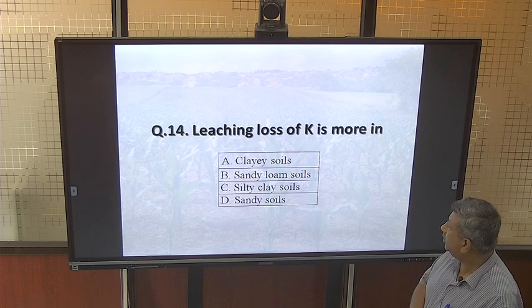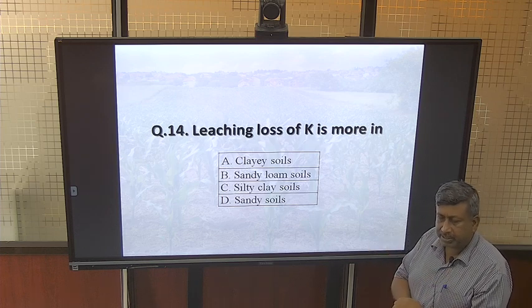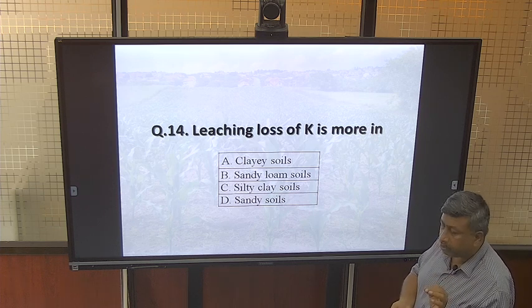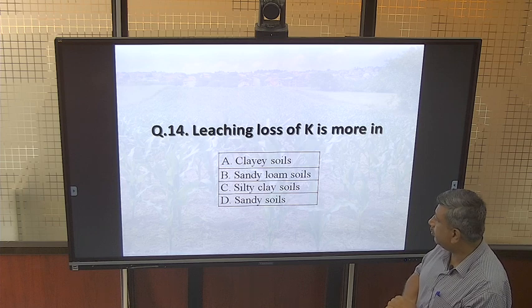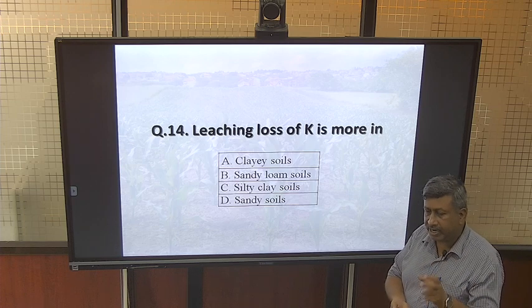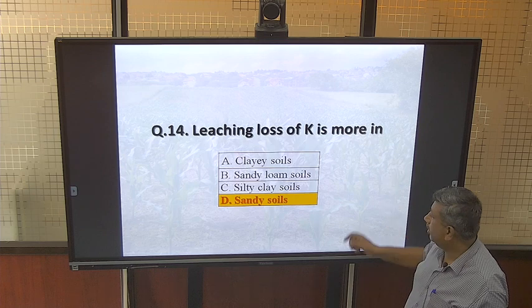Leaching loss of potassium is more. Whenever there is abundance of potassium in soil, there is leaching, and which factor is responsible for more leaching? Soil type: clay soil, sandy loam soil, silty clay, sandy soil. The soil which has less CEC will definitely hold less potassium, and then leaching will be more.